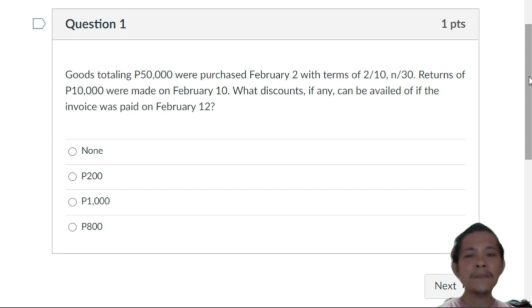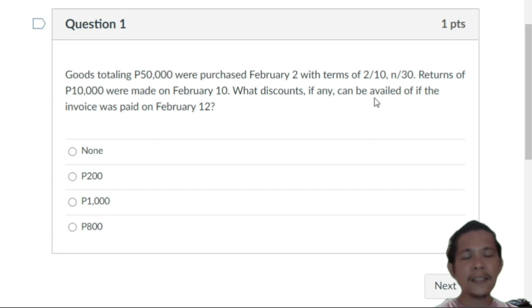Notice na binili ang goods noong February 2 for 50,000 pesos. Pero noong February 10, may ibinalik na 10,000. So that 50,000 minus 10,000, you have 40,000 na invoice price. Yun yung magiging basis ng discount kapag sinettle na kung ito ay nabayaran within the discount period.